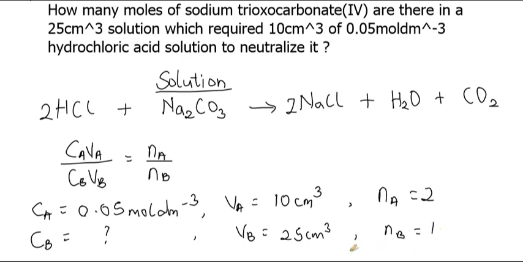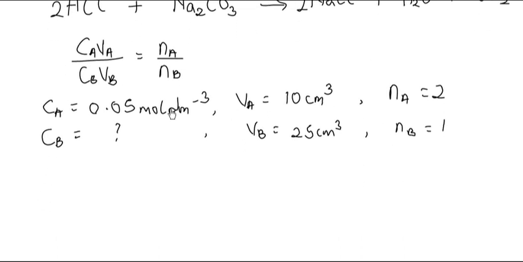So having done this, we'll discover that the unknown here is the Cb, the concentration of the base, and that is what we are being asked in the question, saying that how many moles of sodium trioxocarbonate 4 are there in a 25 centimeter cube solution. So we need to know the molar concentration of the base, and we'll be doing that by making Cb the subject of formula.